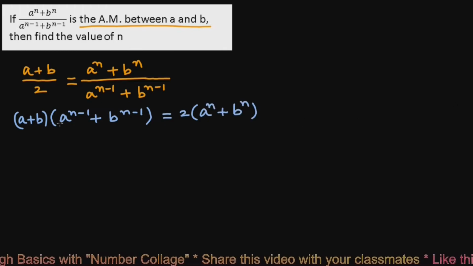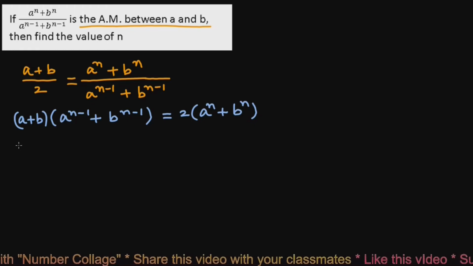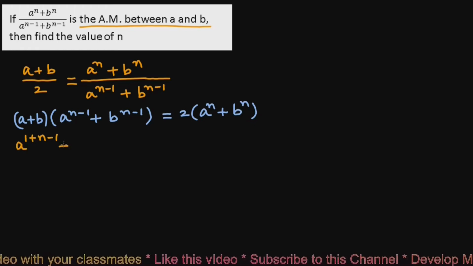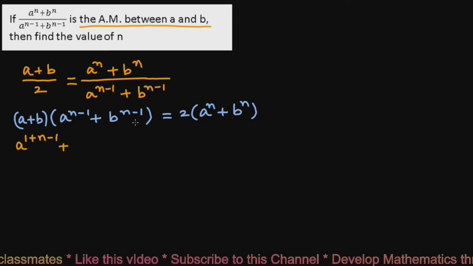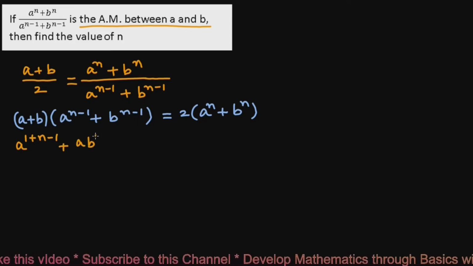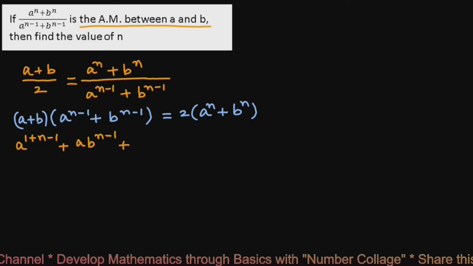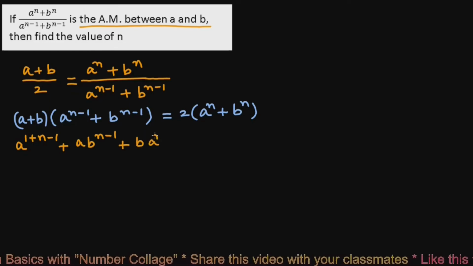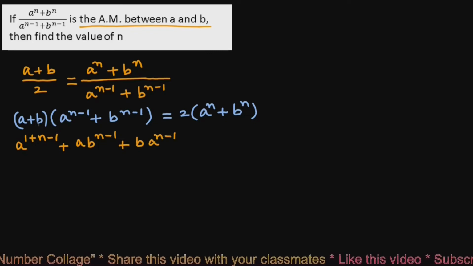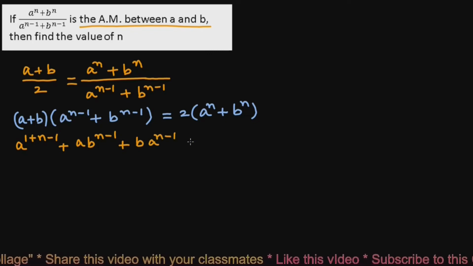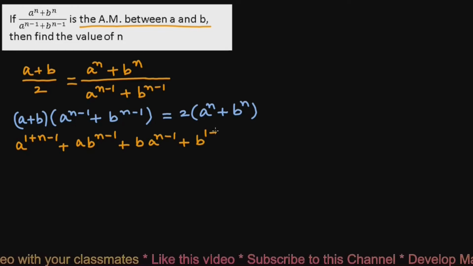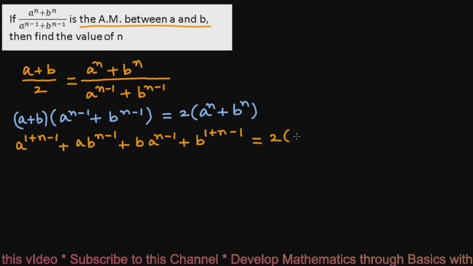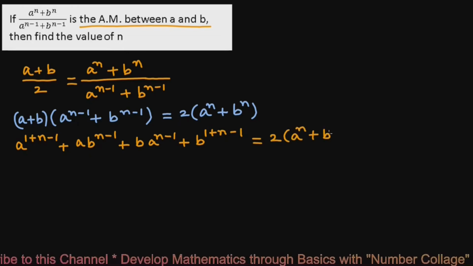Now a multiplied by a raised to n minus 1 will be a raised to 1 plus n minus 1, plus a into b raised to n minus 1 will be a b raised to n minus 1, plus b into a raised to n minus 1 will be b a raised to n minus 1. Then b into b raised to n minus 1 will be b raised to 1 plus n minus 1, that equals 2 times a raised to n plus b raised to n.